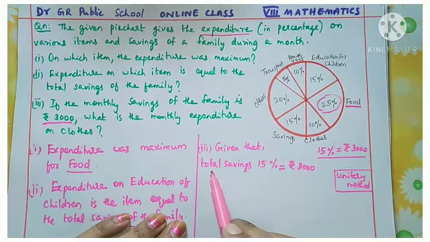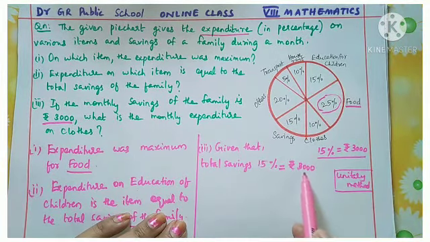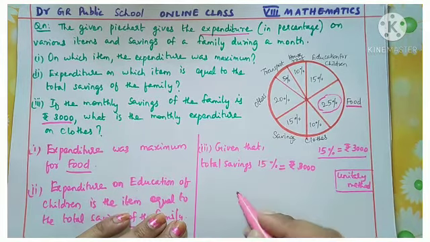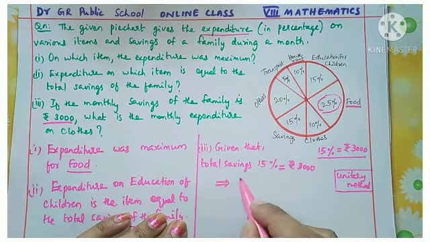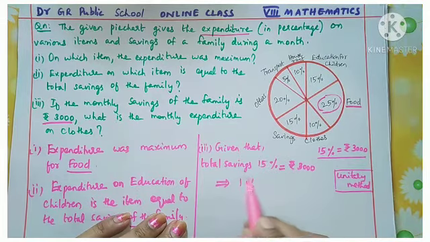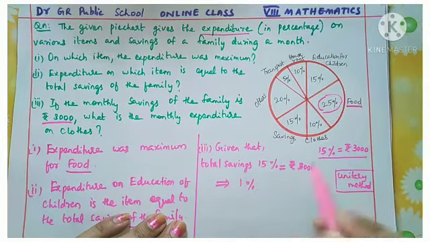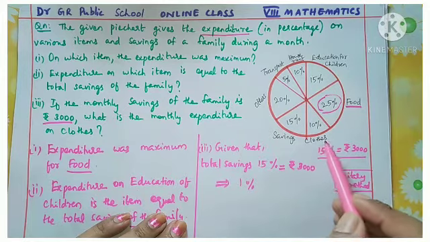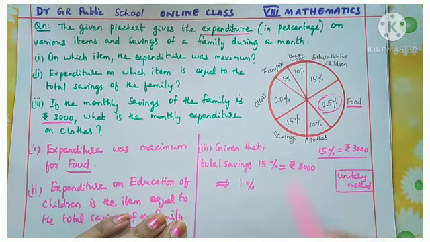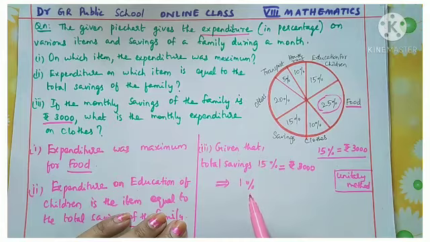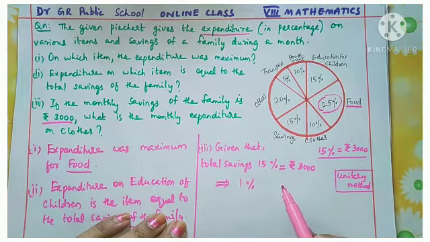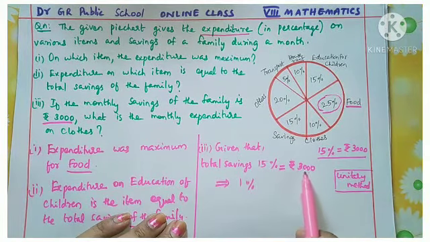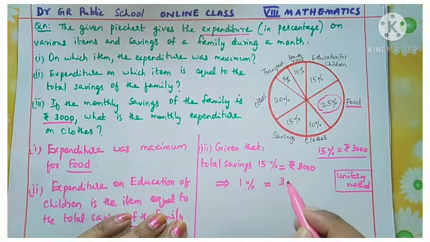Okay. So here total savings 15% is given as 3000 rupees. So we will calculate for 1%. How many rupees is 1%? Because we want to calculate clothes 10%. So first we will find out for 1%, then we will go to 10%. Okay, so 15% is 3000 rupees means 1% is equal to 3000 divided by 15 rupees.